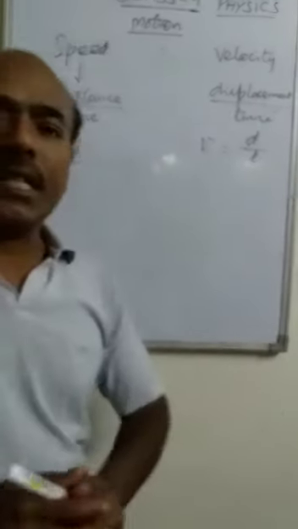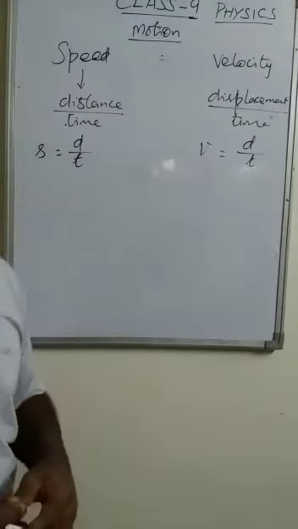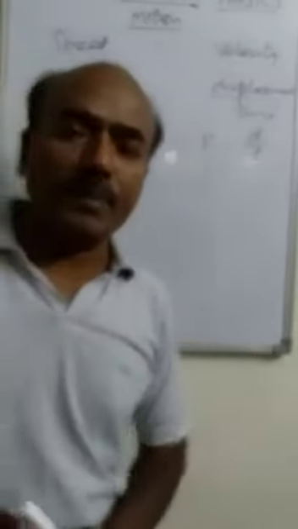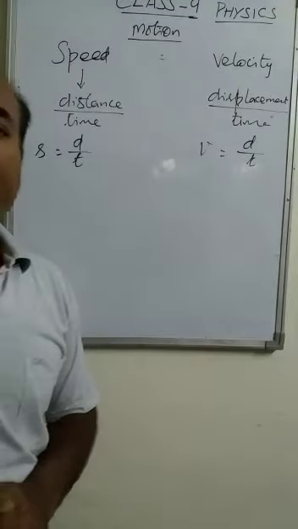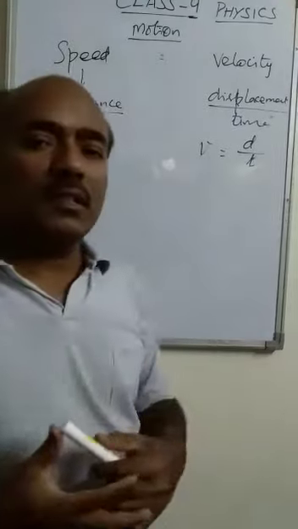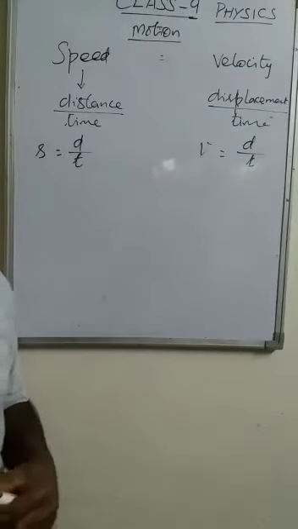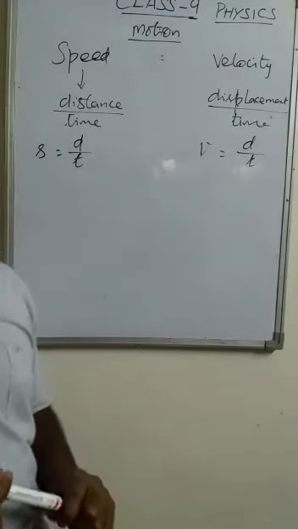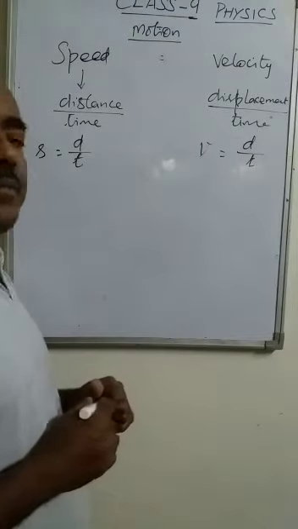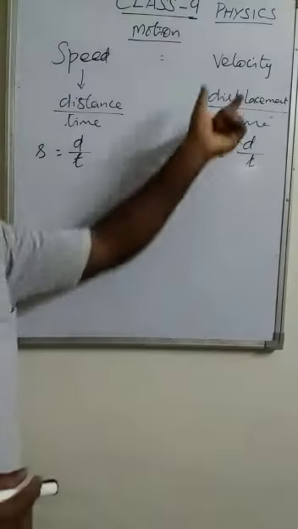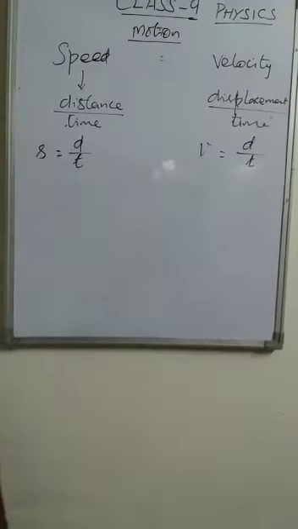These two quantities also have many differences, like distance and displacement. In distance and displacement also, there are many differences that we discussed in the last class. I think you know about it. The one difference we are going to mention here: distance is a scalar quantity, displacement is a vector quantity.